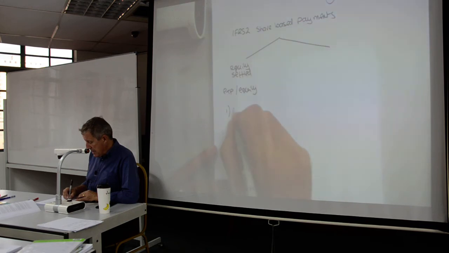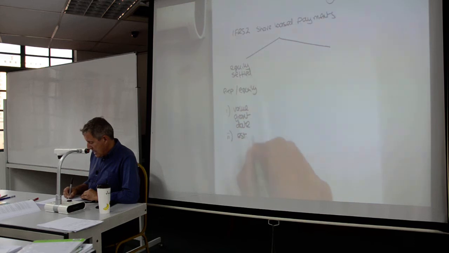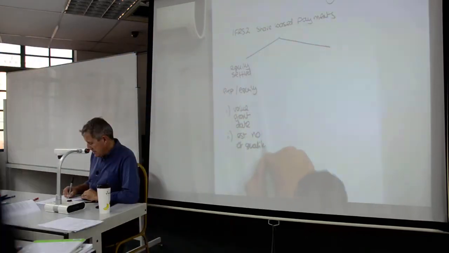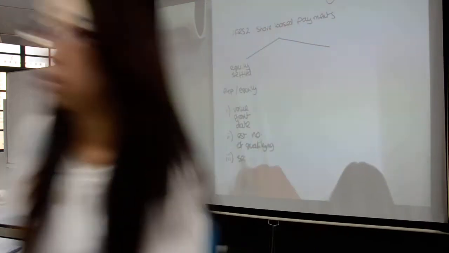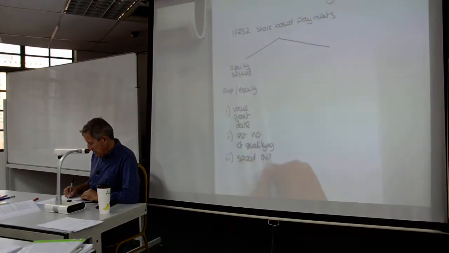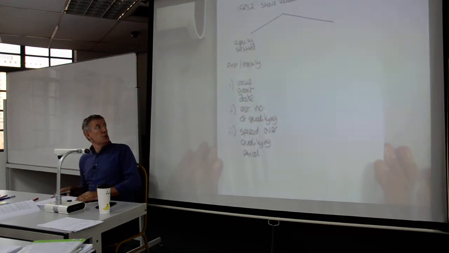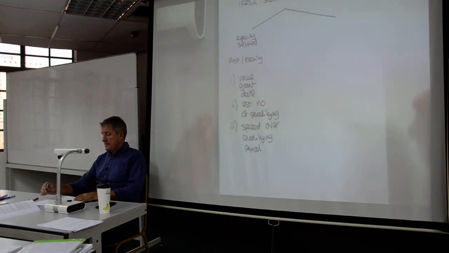And the accounting is based on the value at the grant date, the estimate of the numbers at the qualifying date, and spread over the qualifying period. So this is recapping from last time.